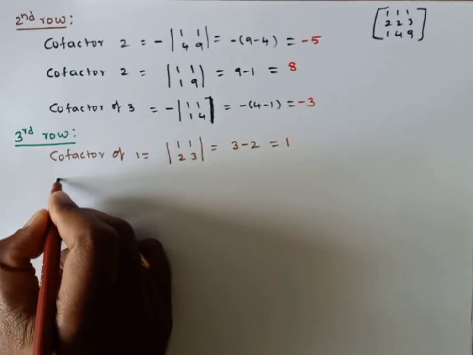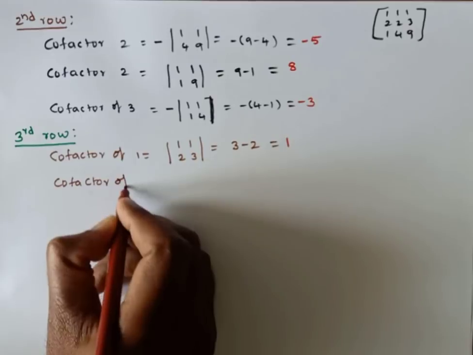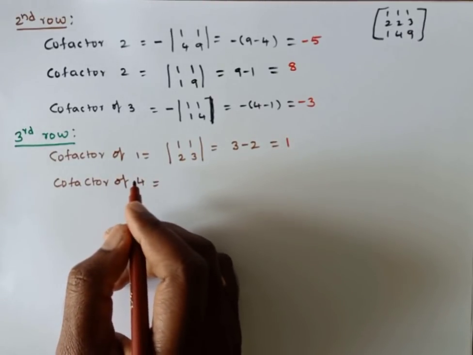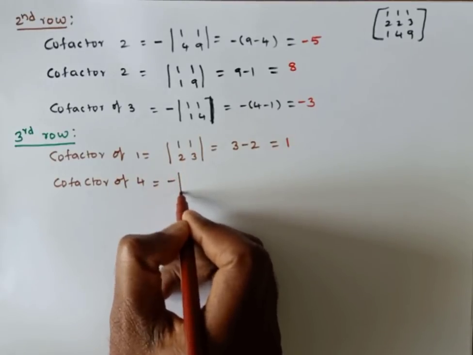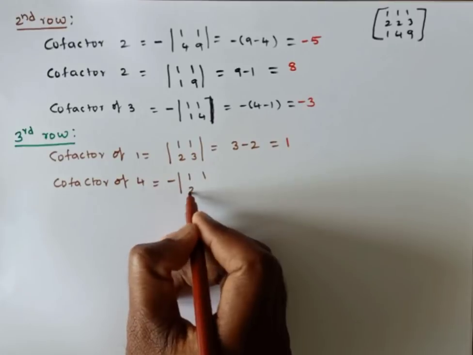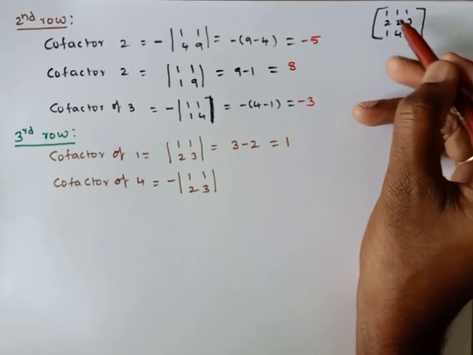Next, the cofactor of 4, which lies in the third row, second column. The sign is negative. The elements are again 1 1 2 3, the same, by deleting this row and column.